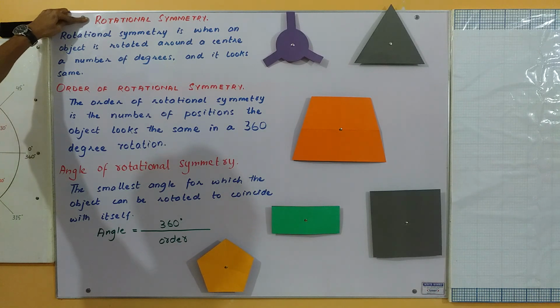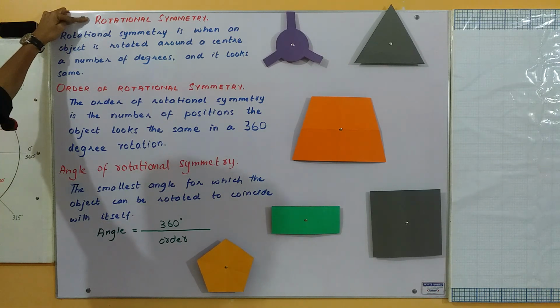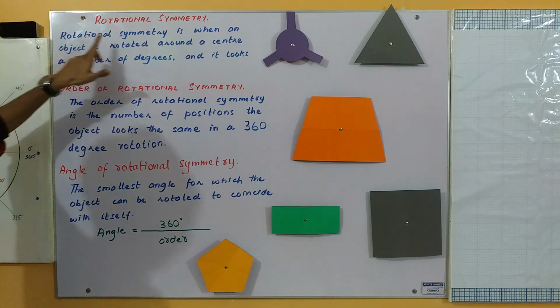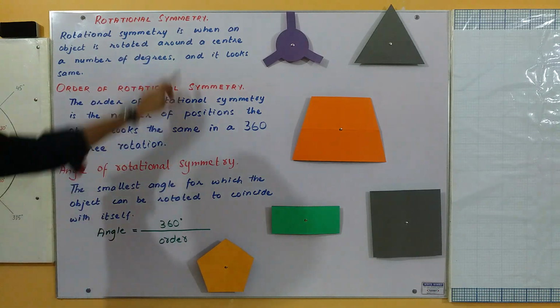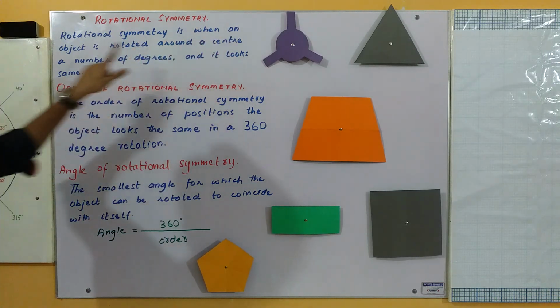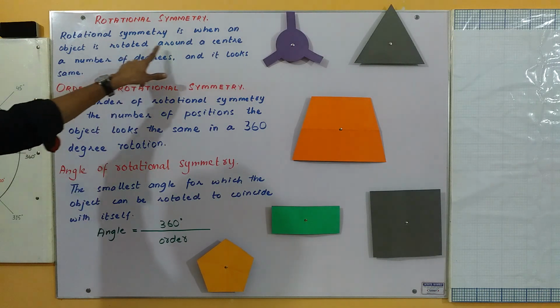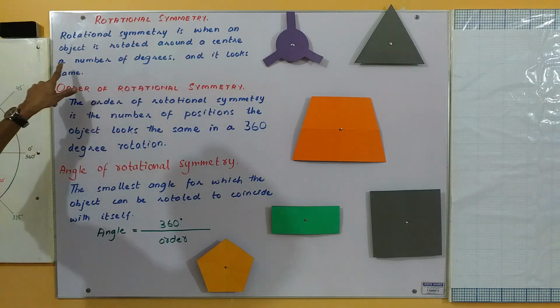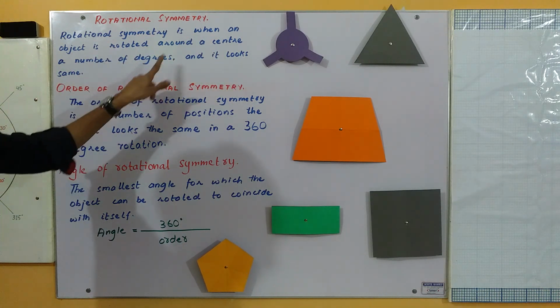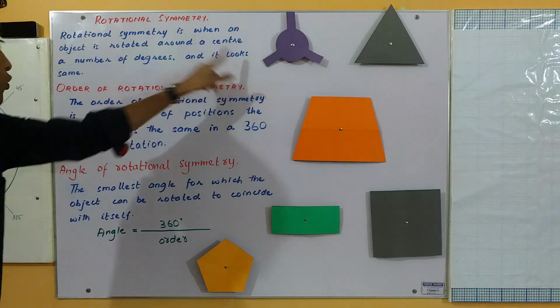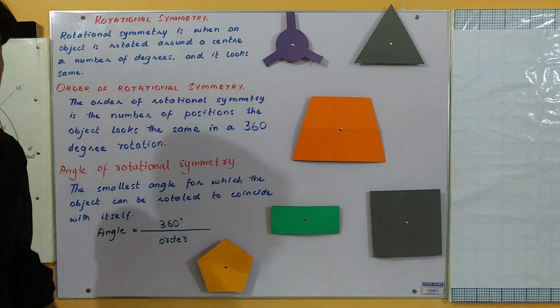First of all, you will have to understand what rotational symmetry is. Rotational symmetry is when an object is rotated around a center a number of degrees and then it looks the same.